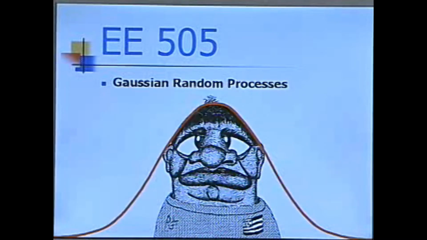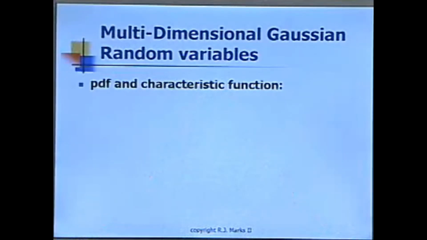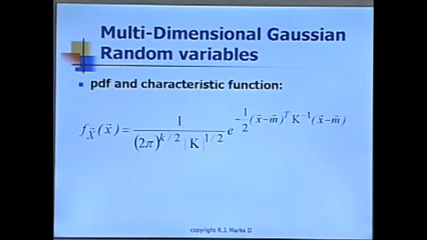Gaussian's good, Cauchy bad. So, let's look at a multidimensional Gaussian random variable and define what we mean by it. It's something that we've defined previously, but let's remember what it is.